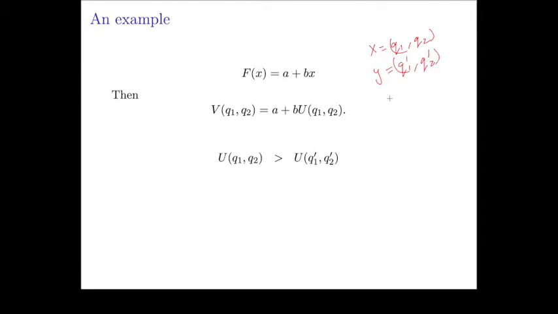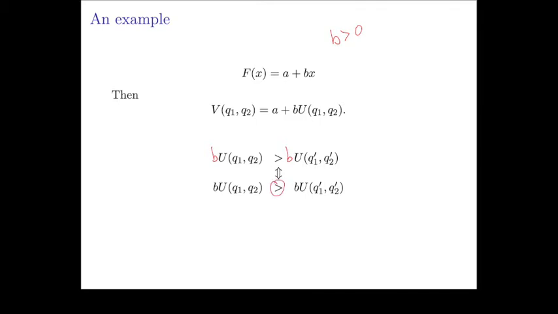and x is better than y, then you're going to have u of x is bigger than u of y, which is this: u of q1, q2 is bigger than u of q1 prime, q2 prime. But then if we have a positive number b, remember I told you b is greater than 0, if I multiply both sides of this inequality by b, I maintain the direction of the inequality.